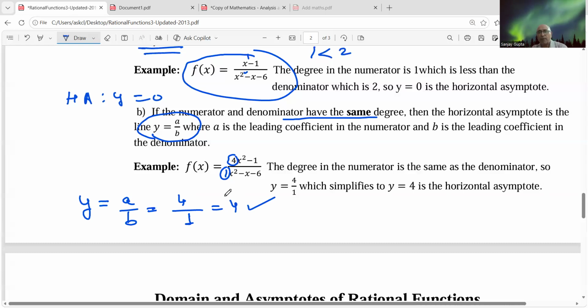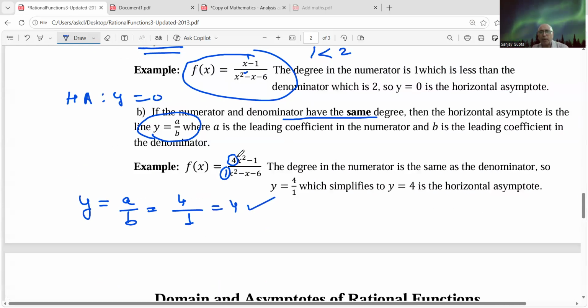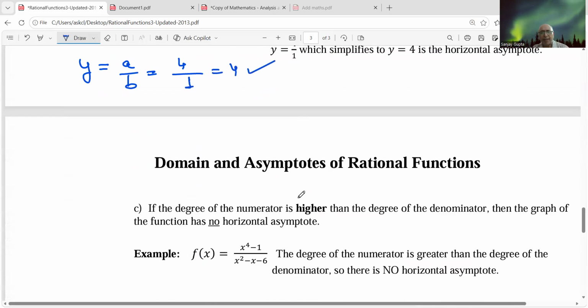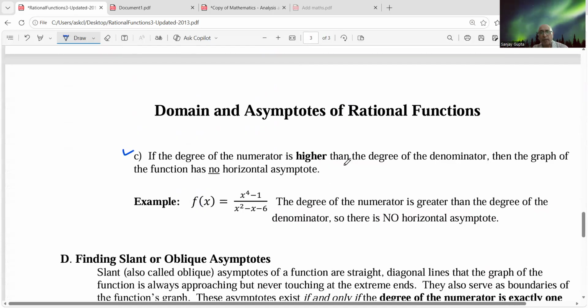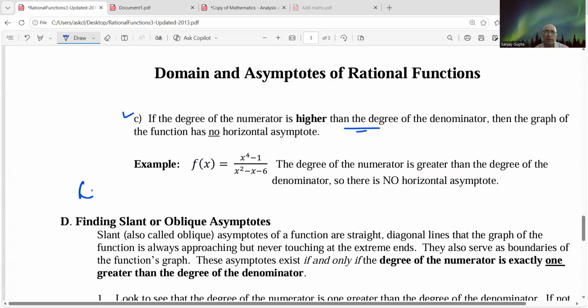Right? And that is how, if the degrees are the same, we will just compare the coefficients, or take the ratio of the coefficients of the highest power of x in the numerator to the highest power of x in the denominator, and that becomes your horizontal asymptote. In case the degree of the numerator is higher, then we have to carry out long division, and there is no horizontal asymptote.